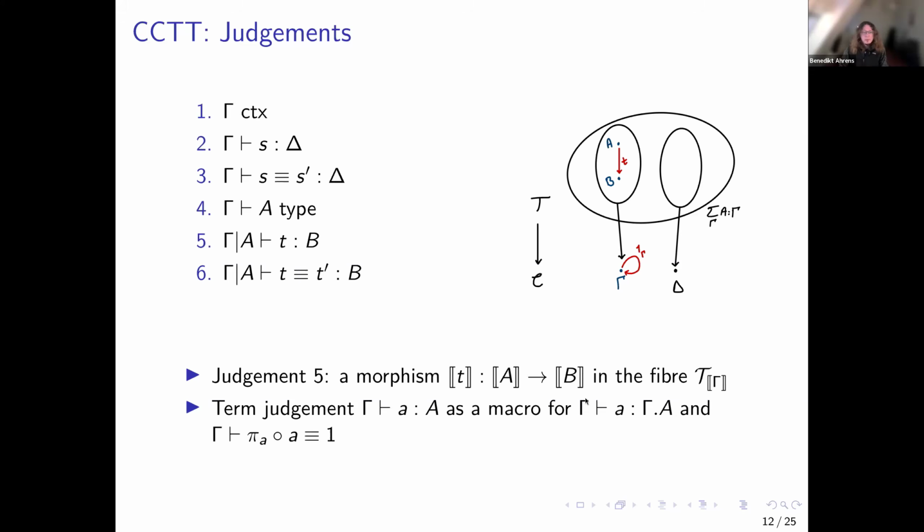So there's no primitive term judgment, but one could have such an abbreviation, like a macro judgment. I will use this macro in a few places in the slides. So when I talk about terms, what I really do is I talk about context morphisms.